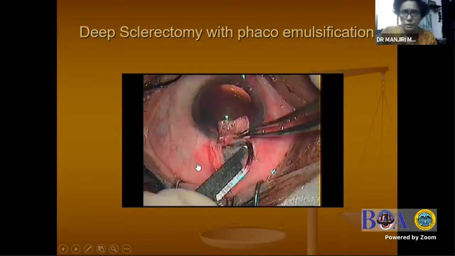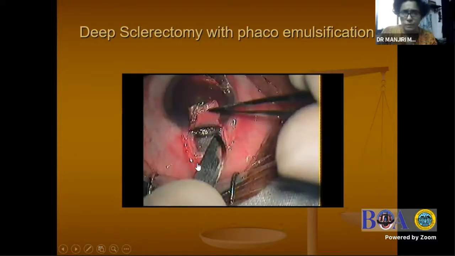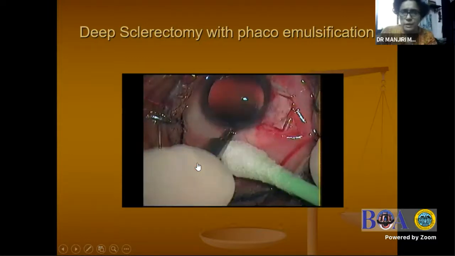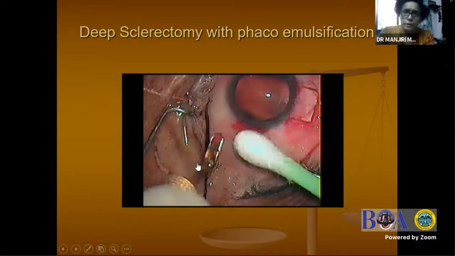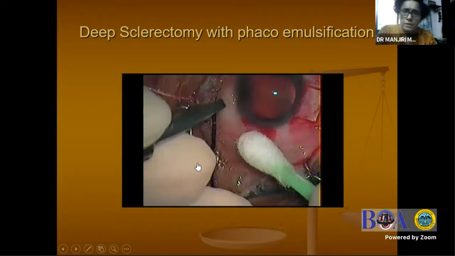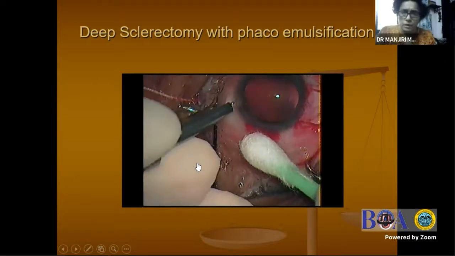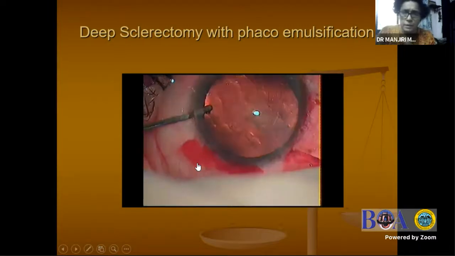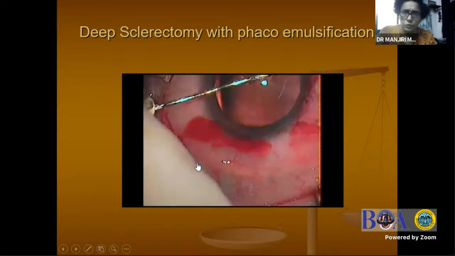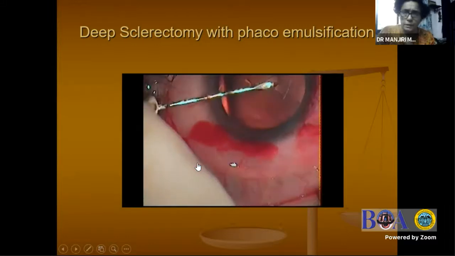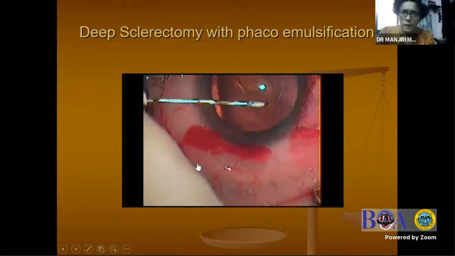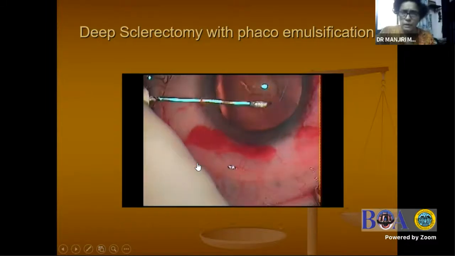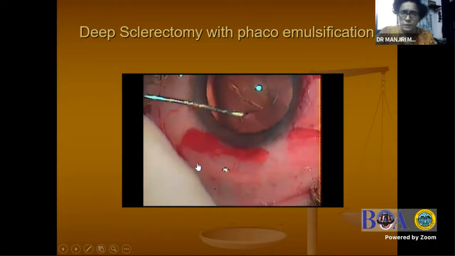While deroofing, taking the deep flap, the deroofing happens, but there I stop before going to cataract surgery. Here decompression of the AC is important when you manage glaucoma with cataract. Here I finish off my phaco surgery and then again come back to my glaucoma surgery.